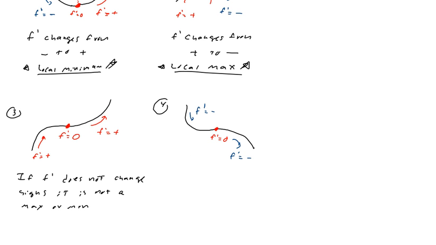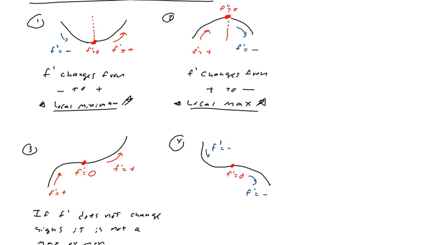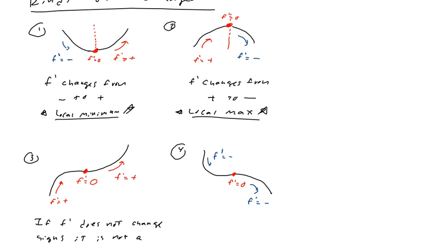So these are the four situations where your derivative is equal to 0. You have these critical values, these sections of the graph where you're testing the first derivative. It's the first derivative test. You test the first derivative and you see what it is doing. How is this first derivative changing? Is it changing from positive to negative, negative to positive? Is my graph curving up and then down?